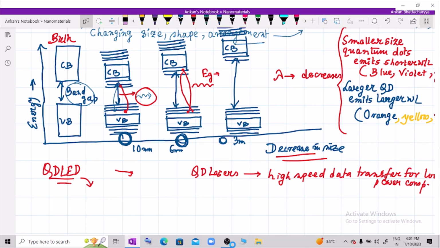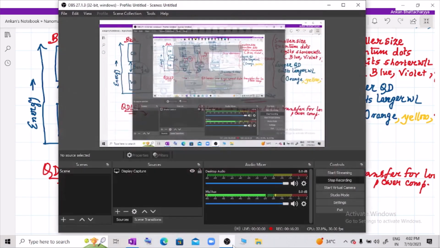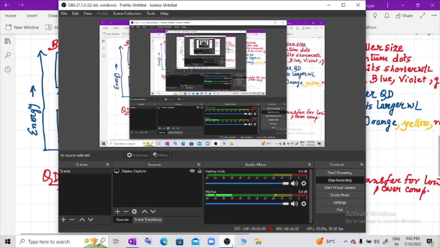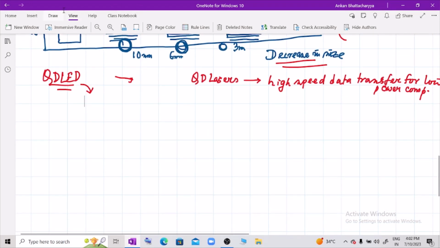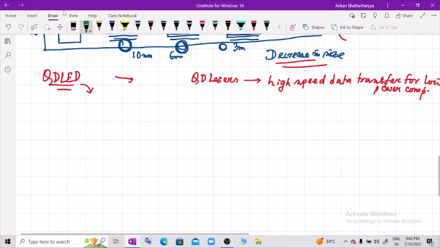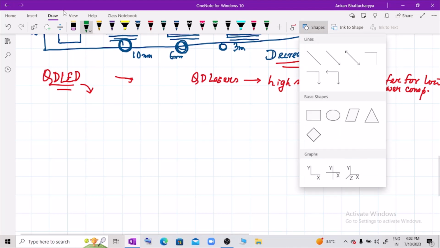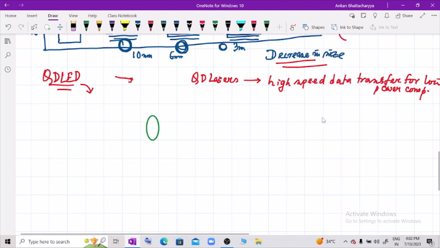And the next thing is that the quantum dots contain very toxic cores in between them. If I show you the structure of the quantum dot, then you can understand in a better way what I want to tell you. The quantum dot usually consists of three layers. The first layer is the core.